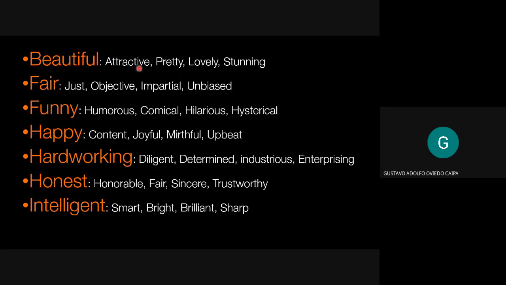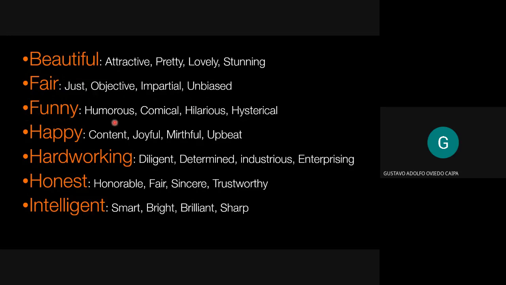Or if we have the word fair, we can also say that just, objective, impartial and unbiased can be synonyms. By the way, if we analyze the word fair from the language of literature, fair can also be a synonym of beautiful. If you have ever seen a movie from medieval times, or if you have ever read old literature, the word fair is like another word for beautiful.